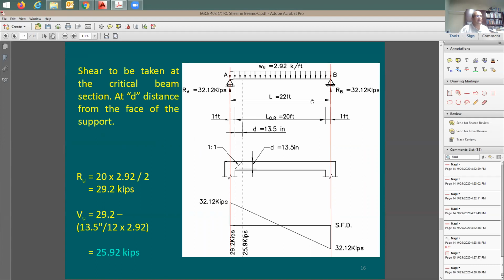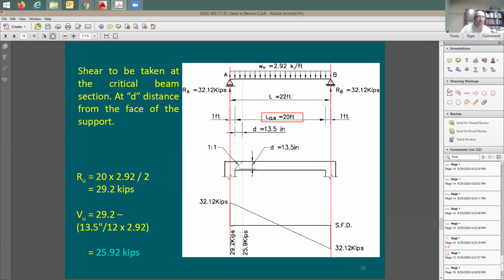Center to center distance, or span, is going to be 22 feet. That was given to us. I didn't make this up. The clear distance is 20 feet. Therefore, I'm going to have a foot from each side, so that the total is 22 feet from center of support to center of support.